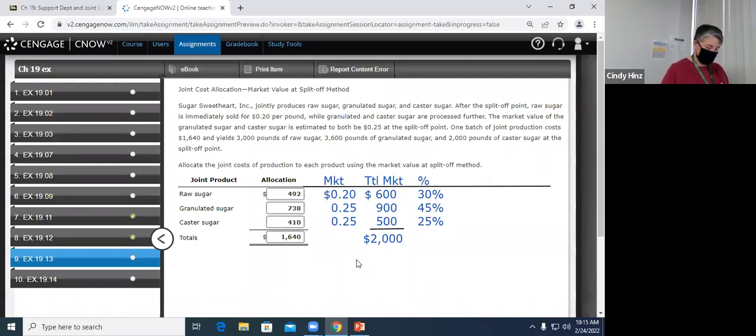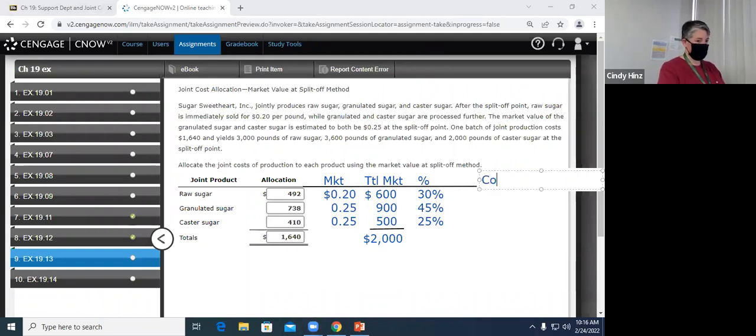We already knew what the total needed to be, and we just want to make sure we have allocated those joint costs fully. If you were to calculate the cost per pound for the raw sugar, the granulated, and the castor sugar, you would find that we're allocating a lower cost. Actually, I might as well just do that. We've got time. Let me just show you in numbers.